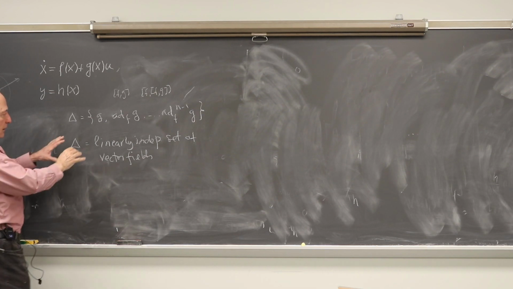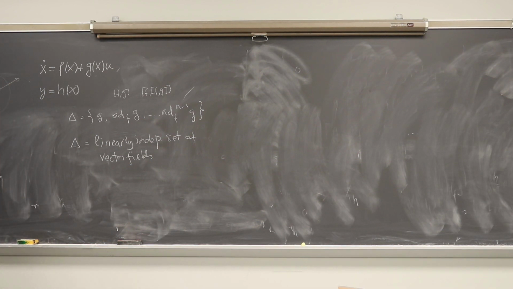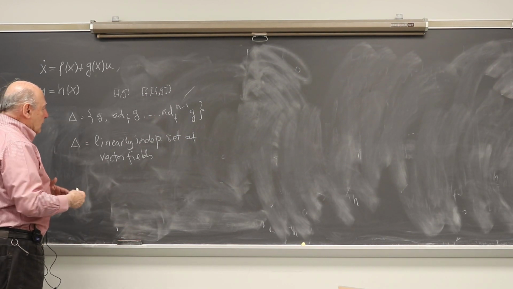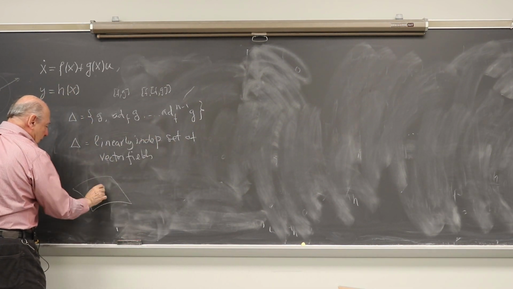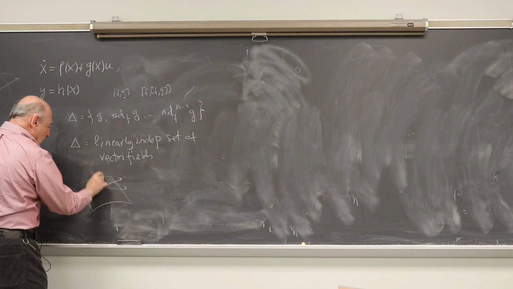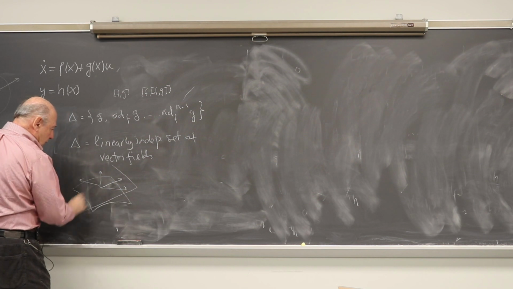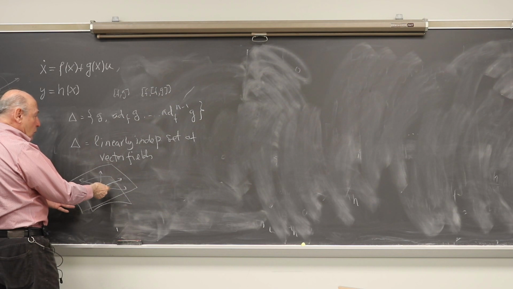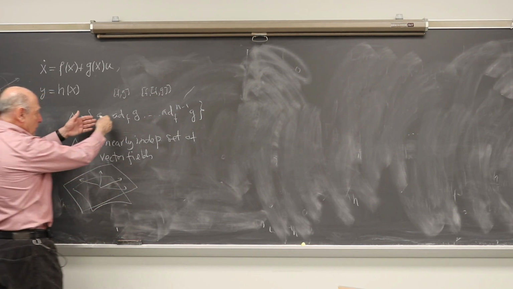But that's one of the nice conditions. Okay, it has to be linearly independent in the sense that it can span the whole tangent space to my operating point. But in order to find the function that integrates all these vector fields, that means a function which becomes tangent to all those vector fields that I'm computing, I have to specify that all those vector fields belong to a plane which is n minus 1 dimensional, and that plane is just the distribution given by this.